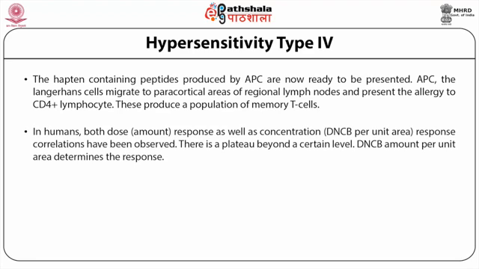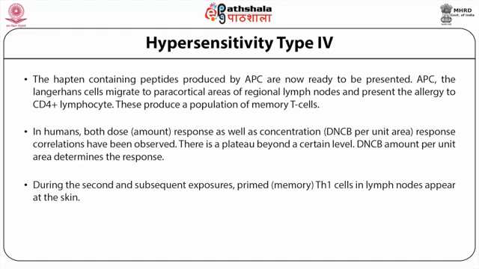In humans, both dose response as well as concentration, that is the DNCB per unit area, response correlations have been observed. There is a plateau beyond a certain level. DNCB amount per unit area determines the response. During the second and subsequent exposures, primed, that is the memory Th1 cells in lymph nodes appear at the skin.